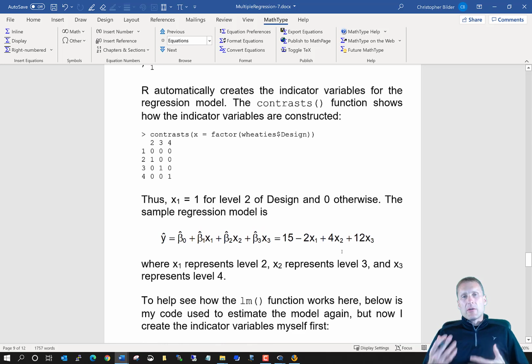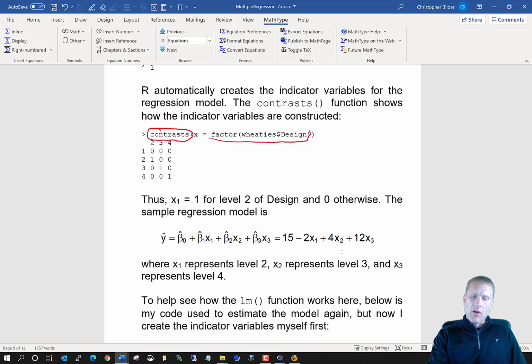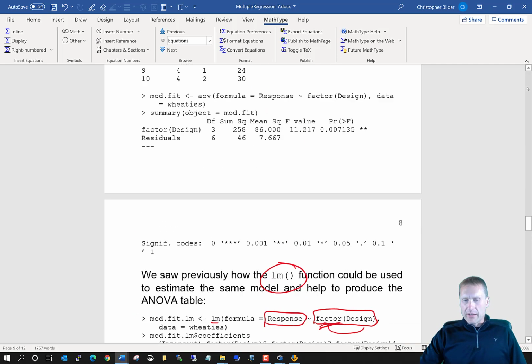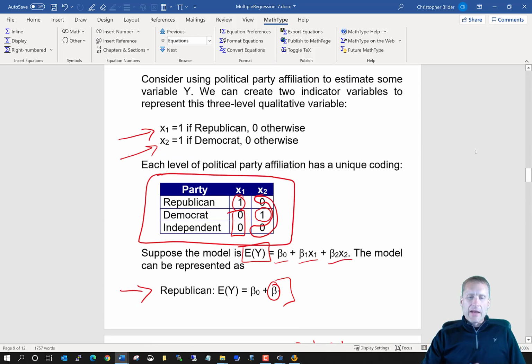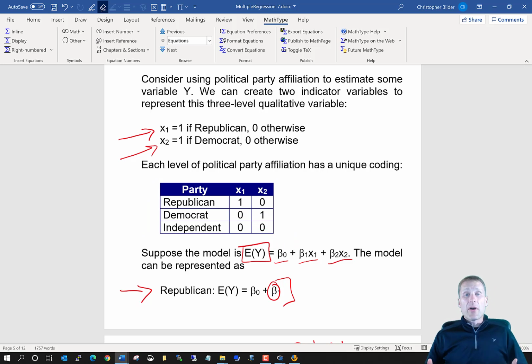Now, to understand a little bit further about how R makes this judgment regarding how it codes the indicator variables, we can use a function in R called contrasts. And if we use that with the factor version of this design type variable, what we see here is a table that's essentially exactly the same as what I was using before with political party affiliation.